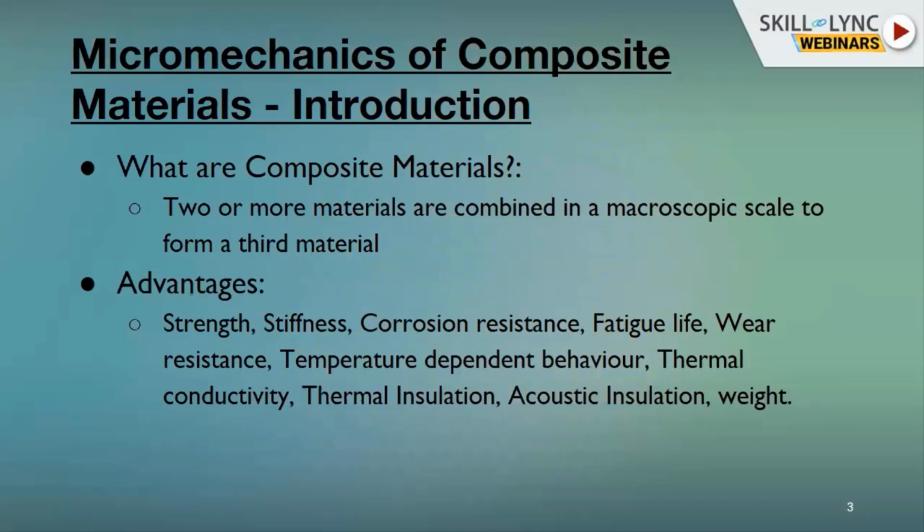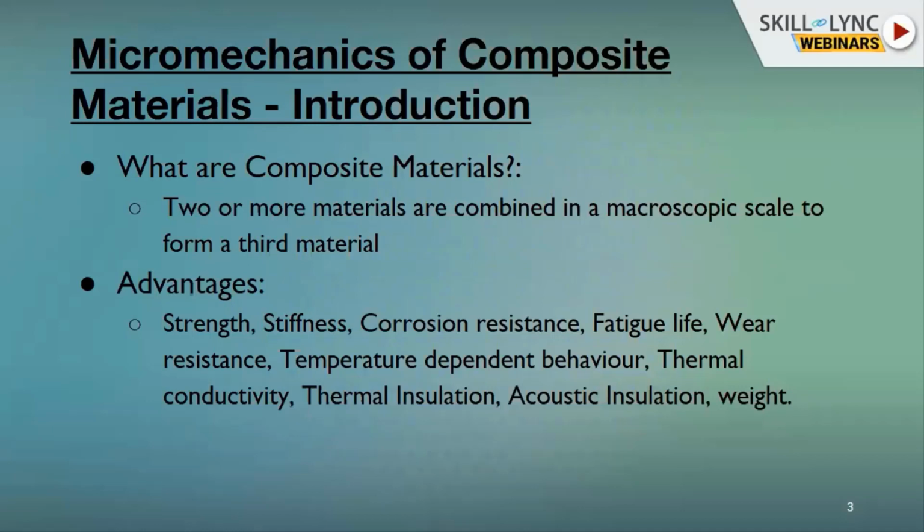The advantage of such materials is that we have very good strength coming from the mixture of these various materials. When we speak of strength, it is basically termed with respect to the weight of the material, and we term it specific strength. So all the properties, when calculated with respect to weight, we call specific properties. And the specific strength of composite materials is very high compared to other materials.